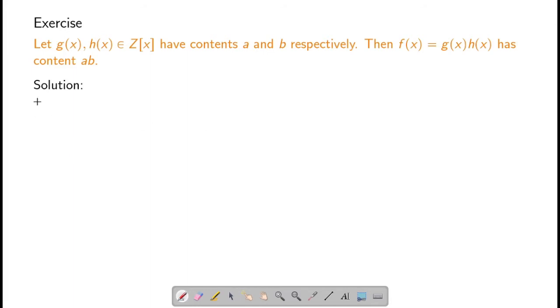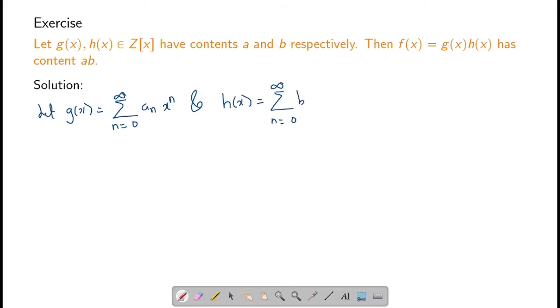So we will let g of x be equal to summation n going from 0 to infinity an x raised to n, and h of x be equal to summation n going from 0 to infinity bn x raised to n.